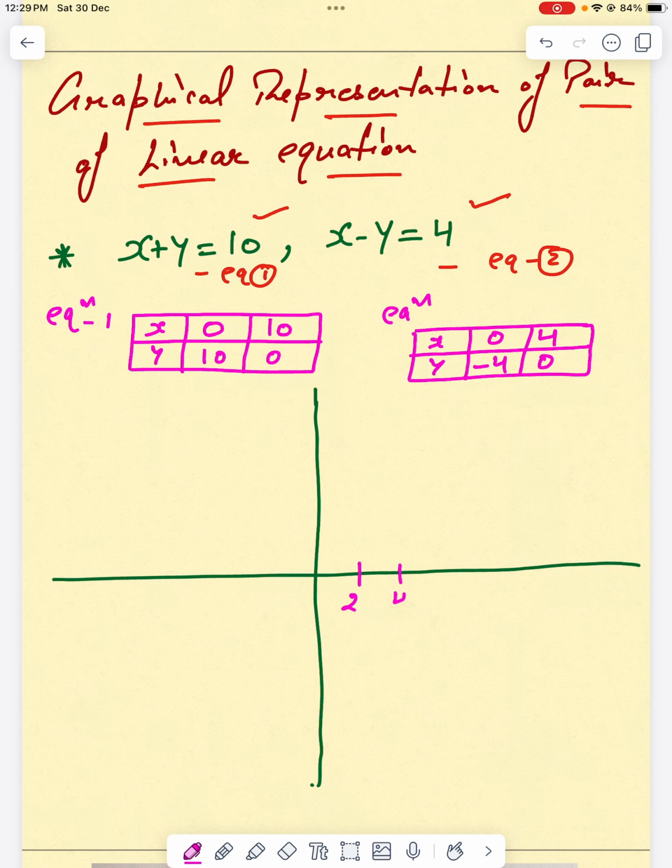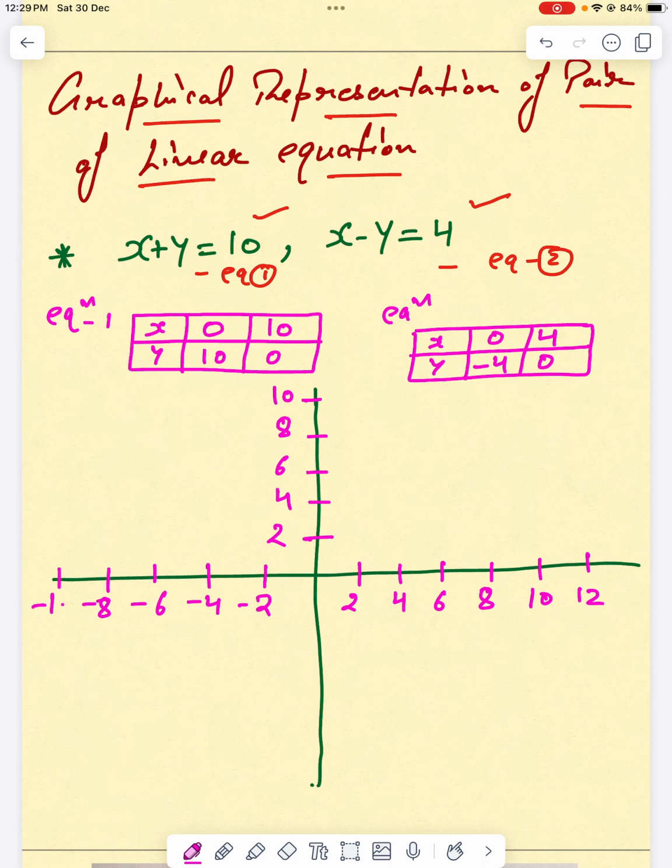We're drawing it on a scale of 2, 4, 6, 8, 10, 12. Similarly, on the y-axis, assume 2, 4, 6, 8, 10. Similarly, on the negative x-axis, minus 2, minus 4, minus 6, minus 8, minus 10.